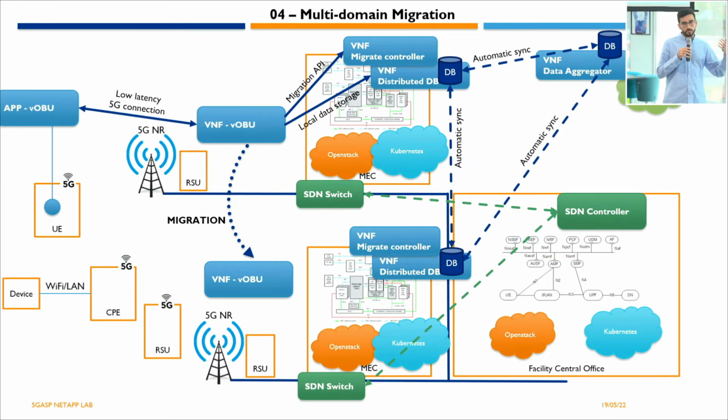Here we also introduce a distributed database, because you have to have that information available in the multiple domains, and these databases have to coordinate among themselves. You can also see another entity, the SDN controllers, because for now in this approach we use the SDN controllers of the domains to redirect the traffic and make it seamless. Okay.